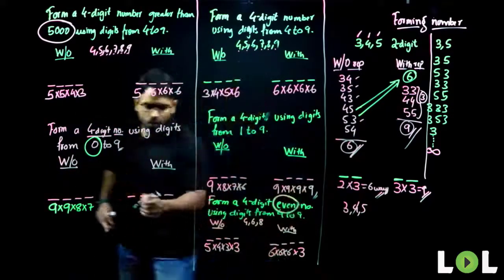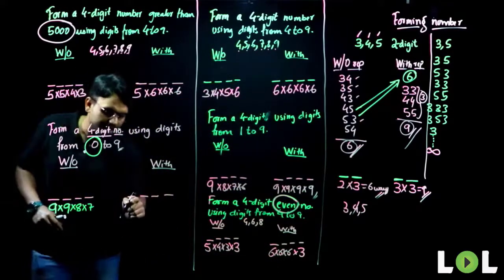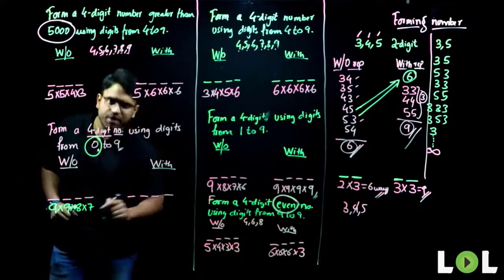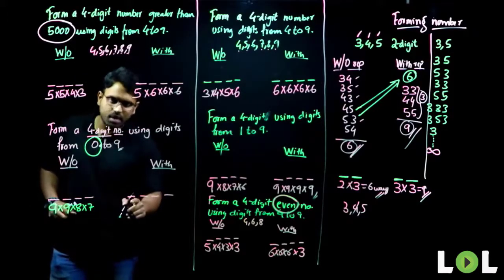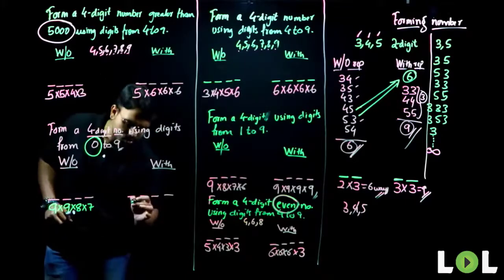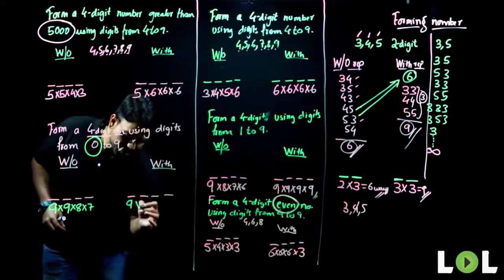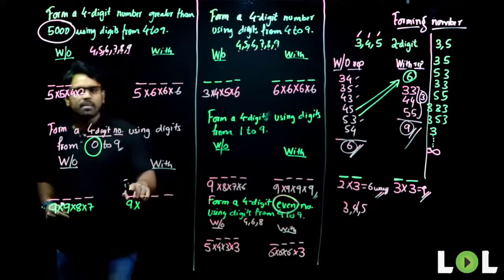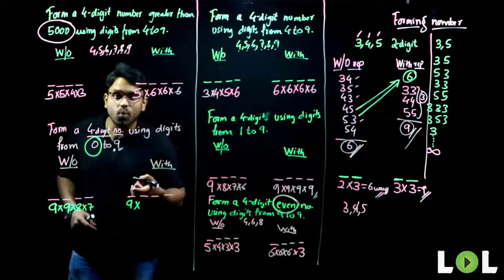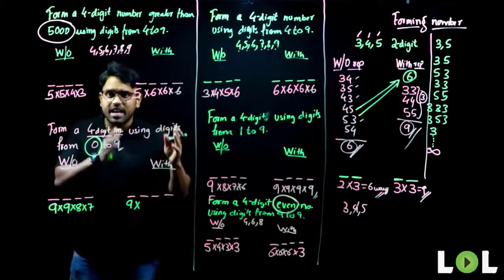7. Now, with repetition case, pay attention. In how many different ways can I fill this? I cannot use the number 0, but I can use all the other numbers, so I can fill it in 9 different ways. Into, I can use the number that I've used here. So totally how many numbers do I have? I have 10 numbers.